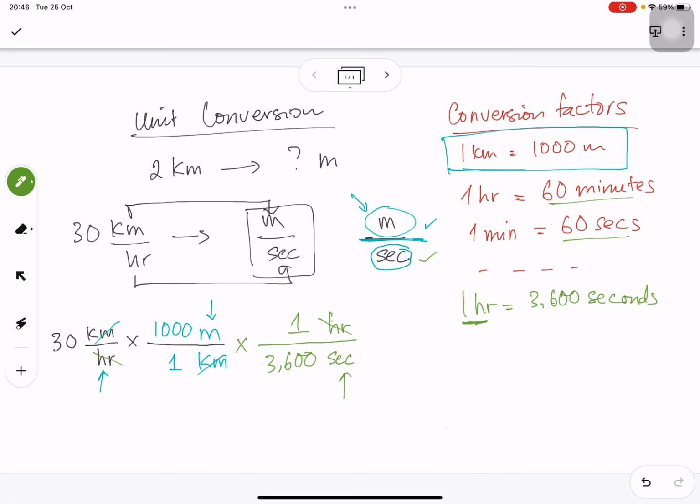What I need to do next is the final calculation. The final unit is meter per second, which is what you want. What you are going to do is calculate 30 multiplied by 1,000, divided by 3,600, and see what it gives you.